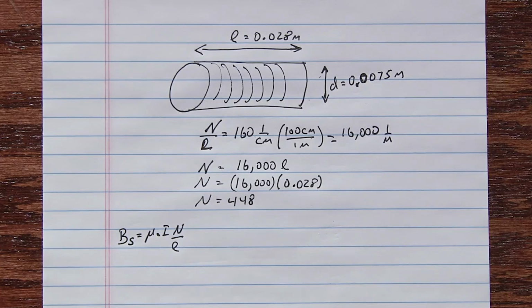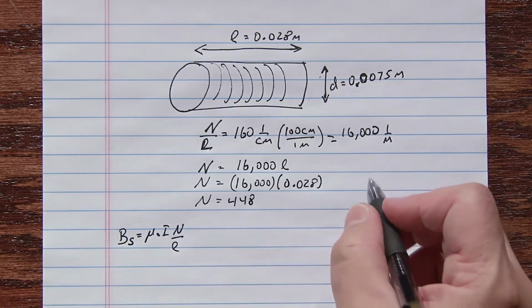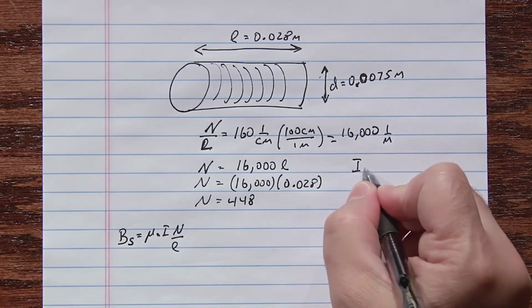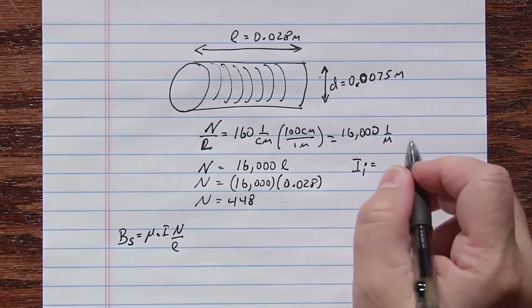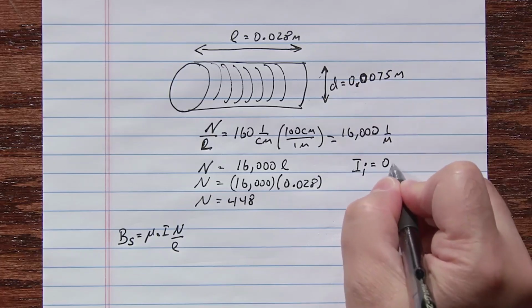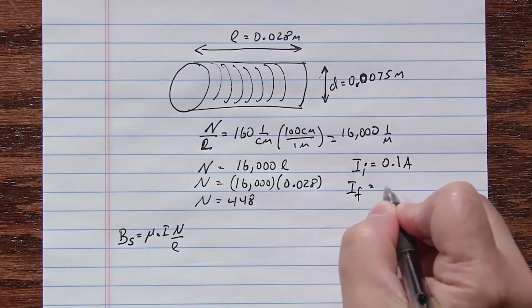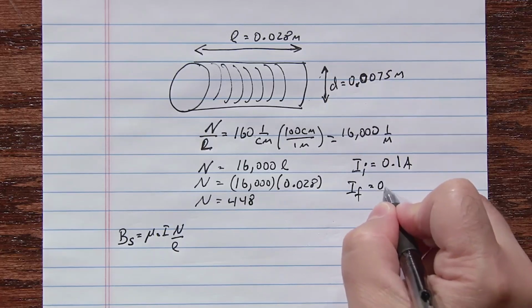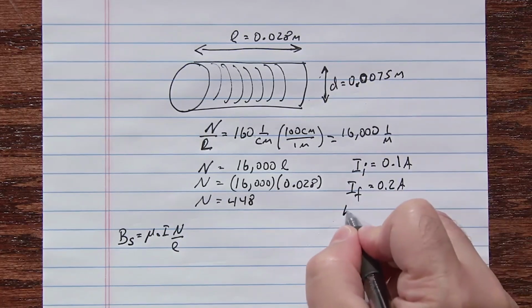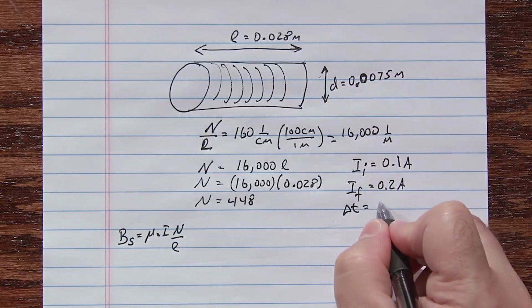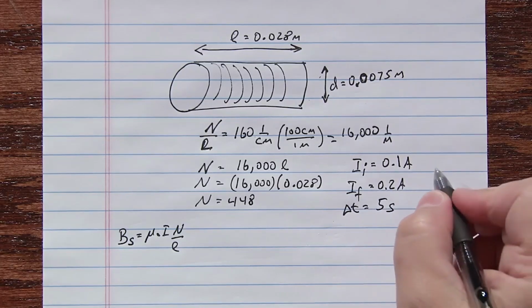And what we have is that the current in the solenoid, I initial, is 0.1 amperes. I final is 0.2 amperes. Delta T is 5 seconds.